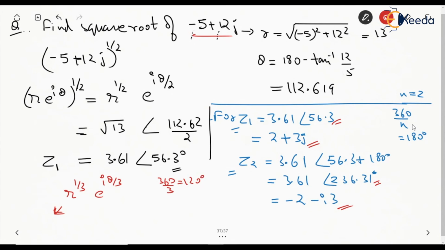So let's say the first one is theta 1, the next one will be theta 1 plus 120 degree, and the other one will be theta 1 plus 240 degree. This will be the angle difference. The magnitude, let's say it is P, will remain the same for all the cases. So this is the square root question.